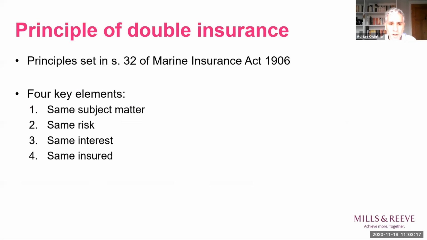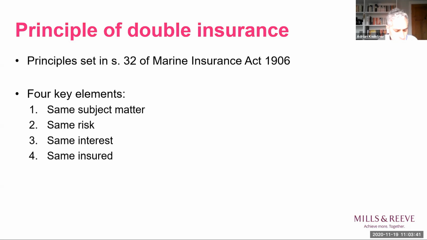Double insurance occurs where policies from at least two insurers cover the same interest in the same subject matter against the same risk and are taken out by or on behalf of the same insured. Double insurance occurs when you have these four elements, as shown on the slide.